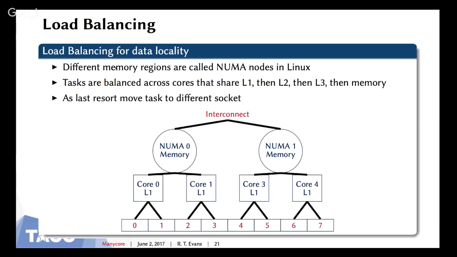And so this is what we mean by load balancing for data locality. So if I have, let's say in this case, I'm running 8 threads, and the threads sometimes share data with their neighbor. So 0's neighbor is 1, 1's neighbors are 0 and 2. Ideally, you want these threads as close as possible in the memory hierarchy, so maybe they only have to go one level up in cache to find the data they need.